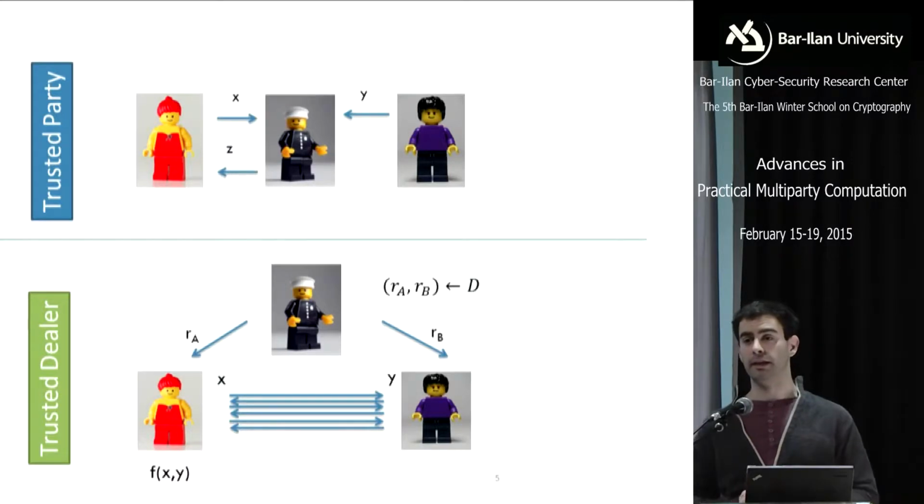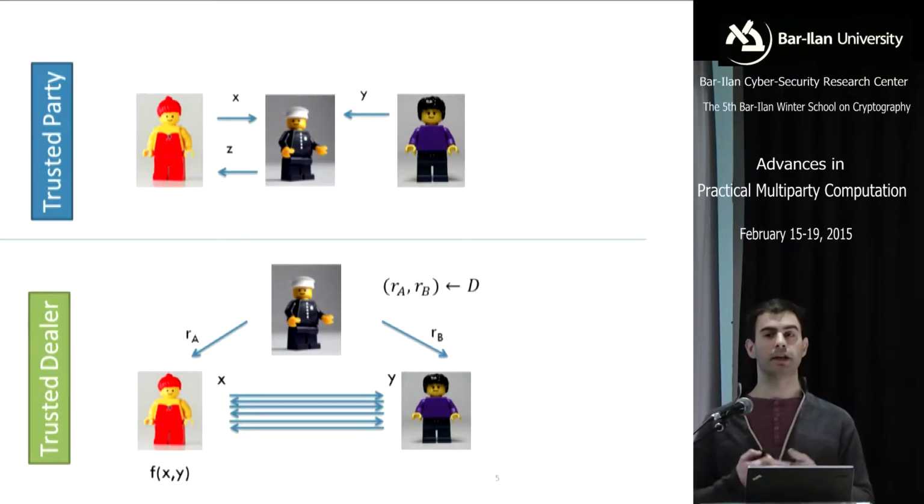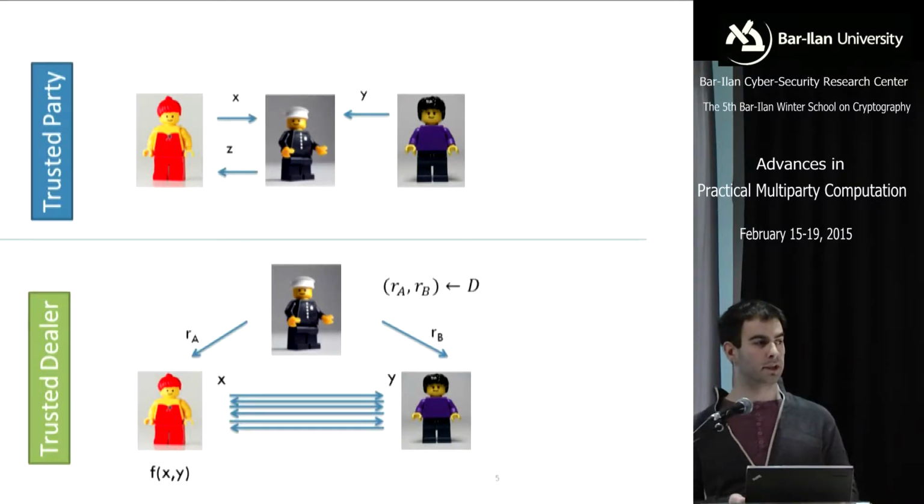And most importantly, we know that it's impossible to do secure two-party computation without cryptographic assumptions. Instead, I'm going to show you that using this trusted dealer is going to allow us to have secure two-party computation protocols which are information theoretically secure. Now, I'm not extremely interested in information theoretic security in itself.